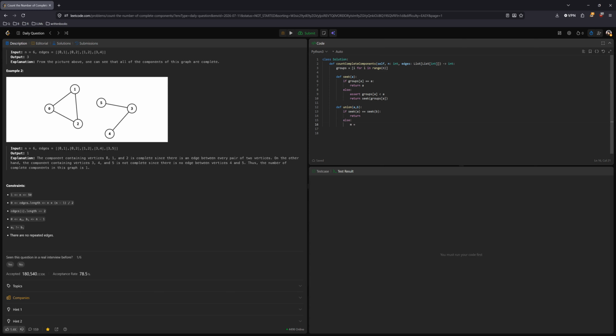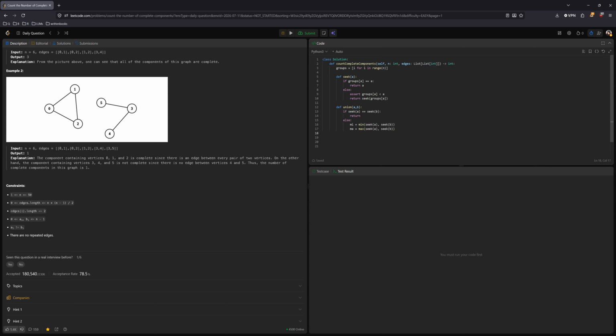Otherwise, minimum equals min of seek a, seek b, and then we have to join the higher to the lower, right? So min and max.